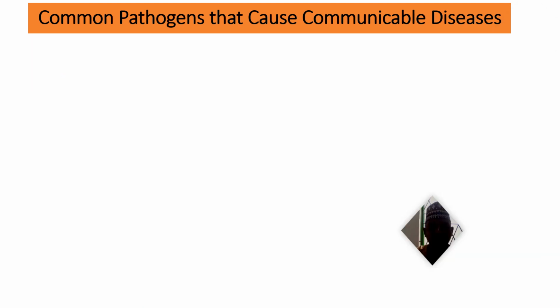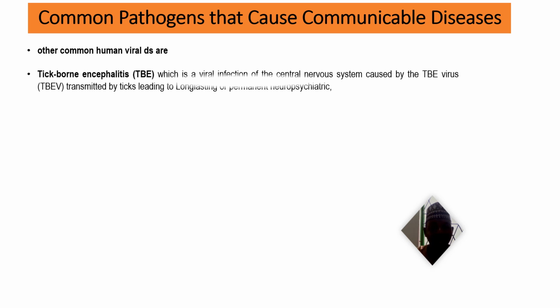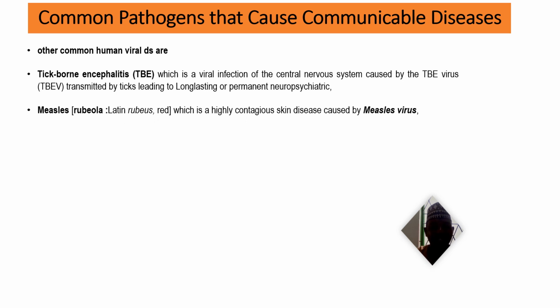Now we'll briefly look at some of the other examples of viral diseases. We have tick-borne encephalitis, which is a viral infection of the central nervous system. The virus is transmitted by ticks, leading to long-lasting permanent neuropsychiatric effects.